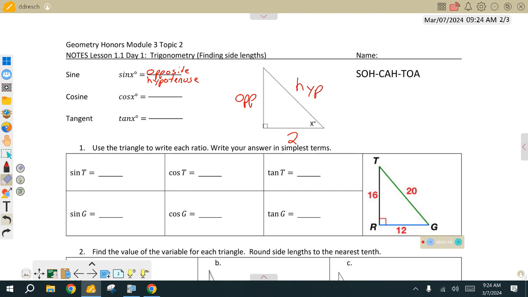Cosine. What's the cosine ratio we said yesterday? Adjacent over hypotenuse. That's the next part of SOHCAHTOA. The cosine and the order of it appears, that's the ratio, adjacent over hypotenuse.